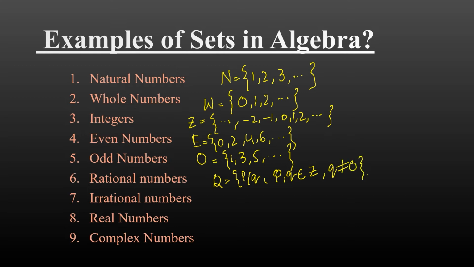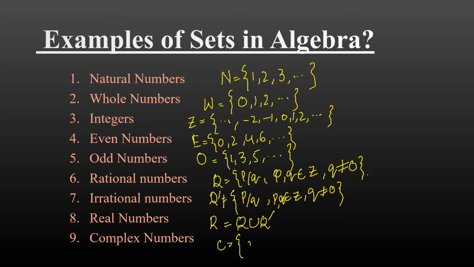Q dash, the irrationals, equal to numbers of the form p by q where p, q do not belong to Z, and real numbers are equal to Q union Q dash. Complex numbers are numbers of the form a plus b iota such that a, b belong to R. Okay, these are very common.